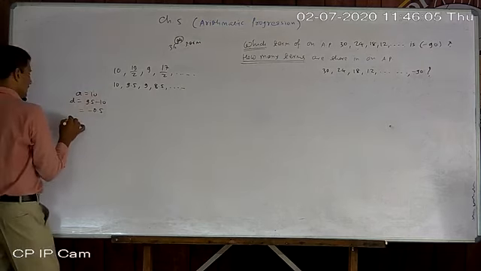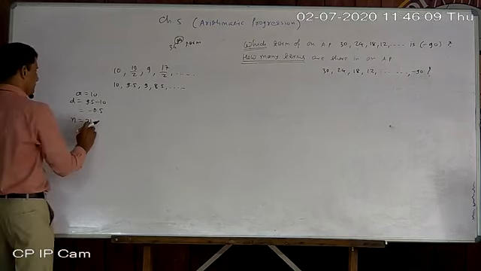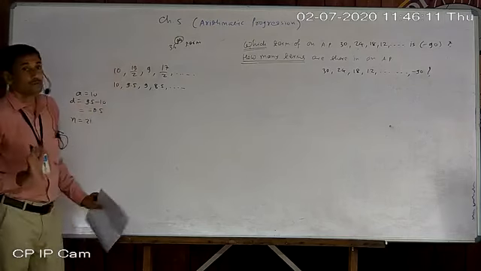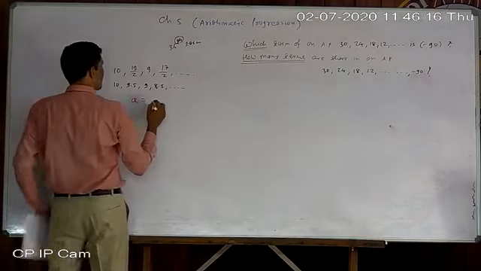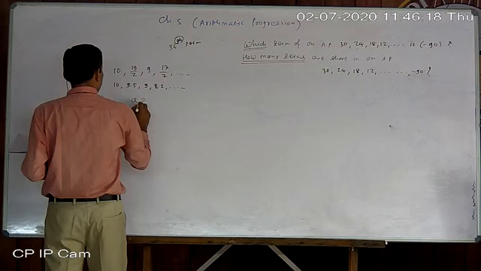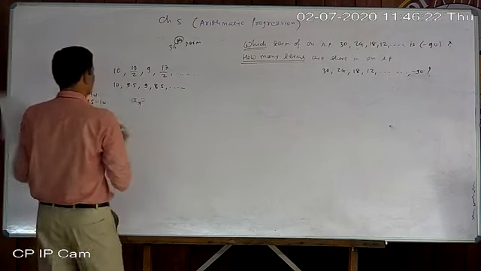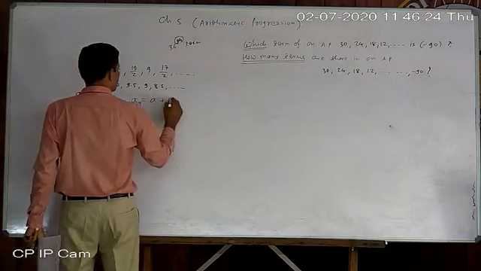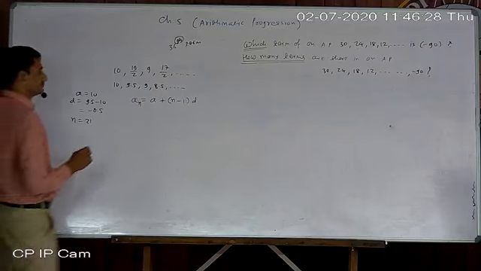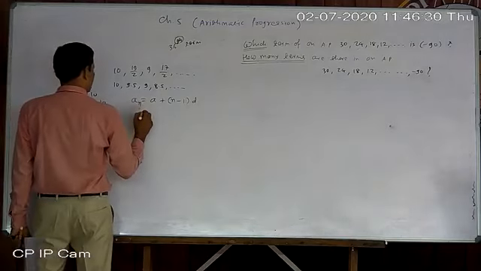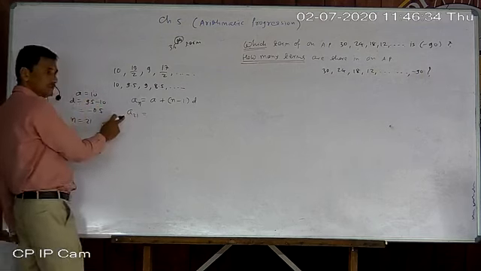Now suppose you are asked to find the 21st term of this AP. So N becomes 21. Now just write down AN equals A plus N minus 1 D. So AN is asked, means A21 is asked, means the 21st term we are going to find.